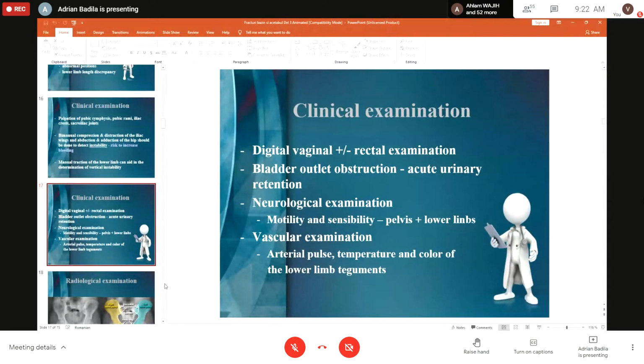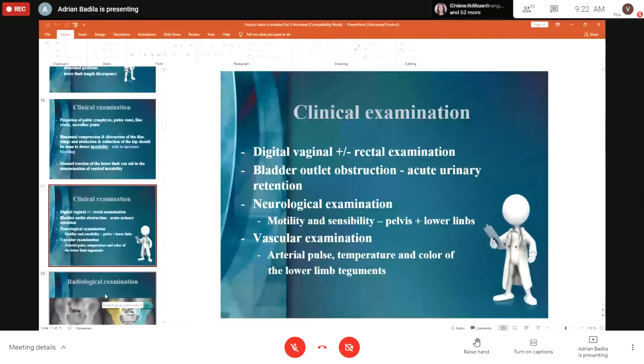We also try to detect arterial pulse, temperature, and color of the lower limb teguments in order to detect early an eventual lesion of the great vessels at this level. That means a lesion of the femoral arteries or veins, or lesions of the iliac arteries and veins.